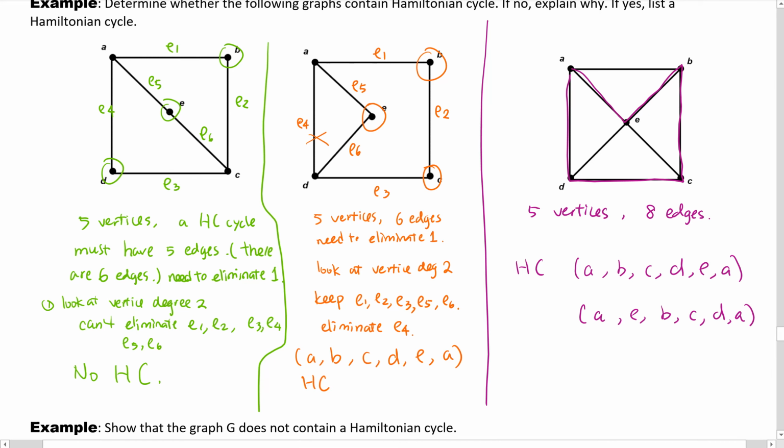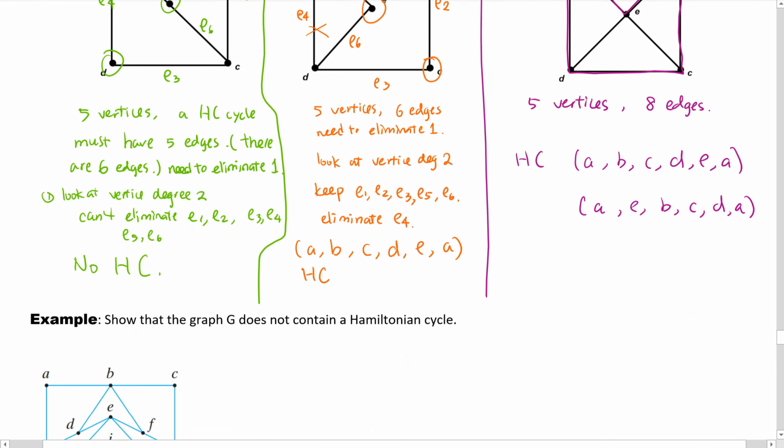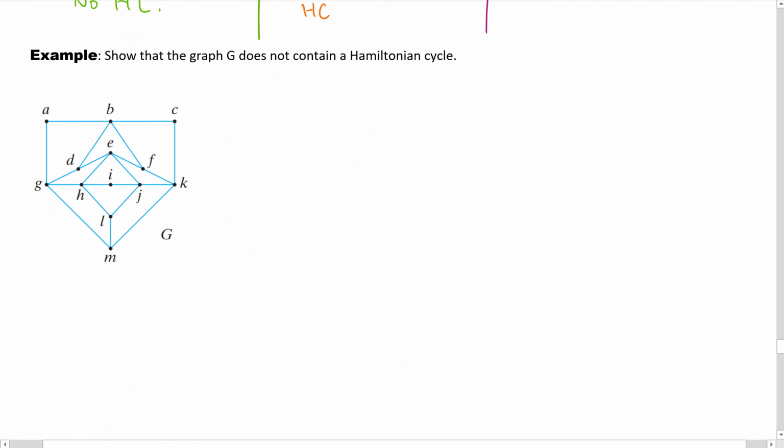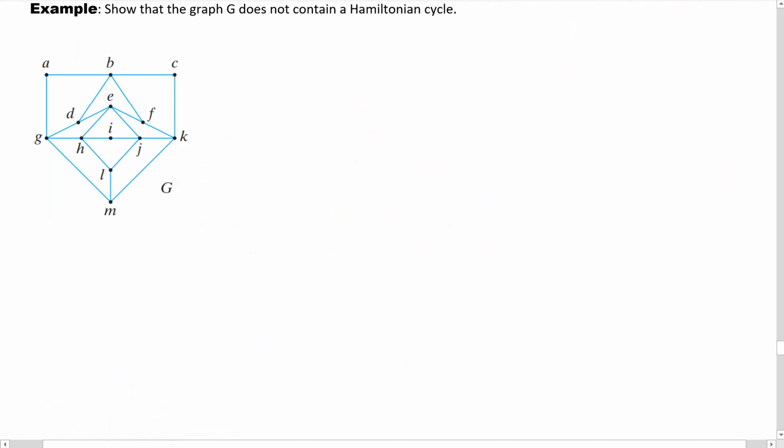All right, let's continue. So next example, we want to show the following graph does not contain a Hamiltonian cycle. Here I'm going to show you 2 methods to show it does not contain a Hamiltonian cycle.